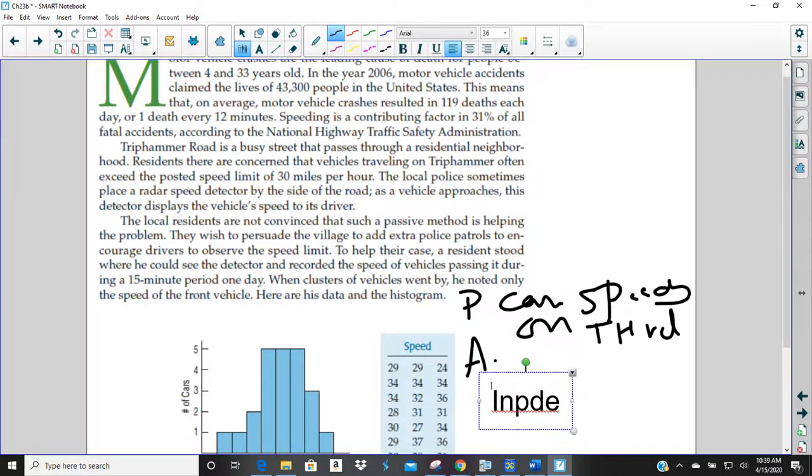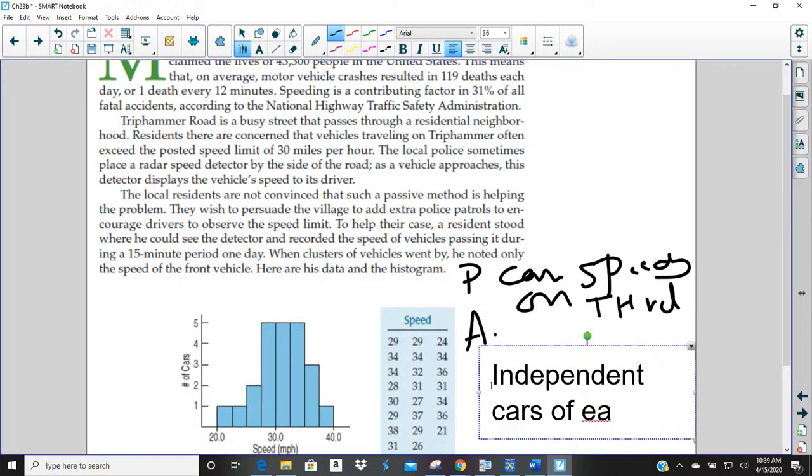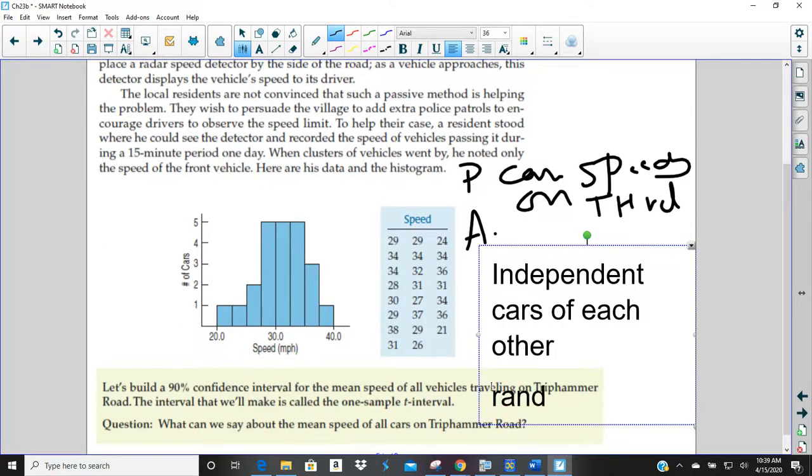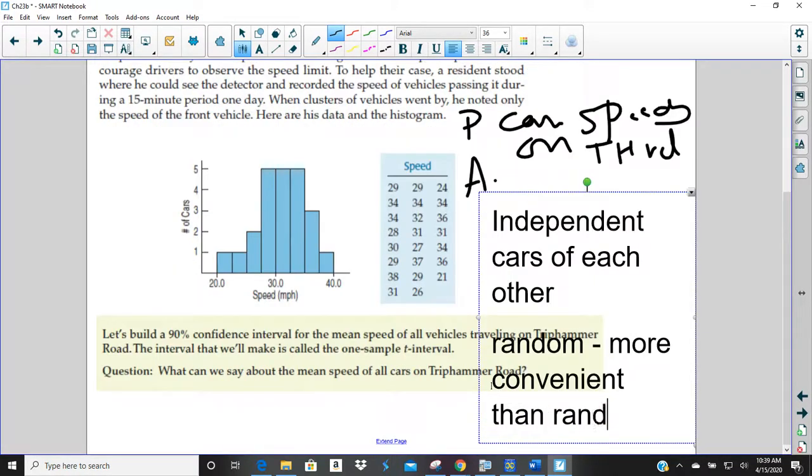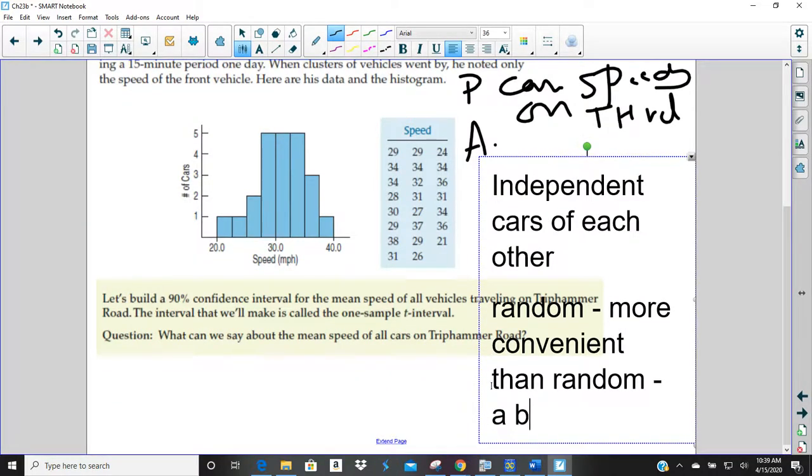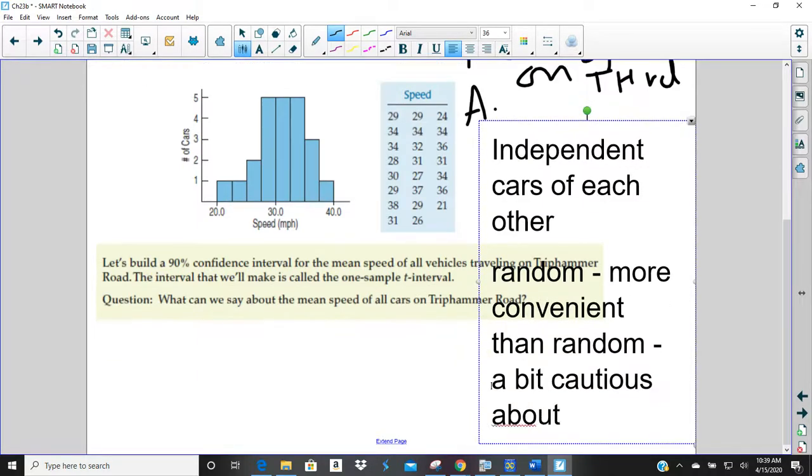So let me talk about this. Independent: cars of each other. Random: more convenient than random, a bit cautious about this condition.